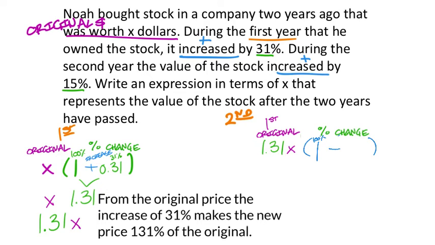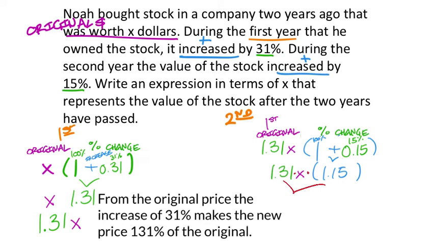And this one also is an increase, but it says right there for year 2, it's a 15% increase. So that would be 0.15. Now total, right here, in the parentheses, 1 plus 0.15 is 1.15. And all this stuff is being multiplied together. So it's 1.31 times x times 1.15.